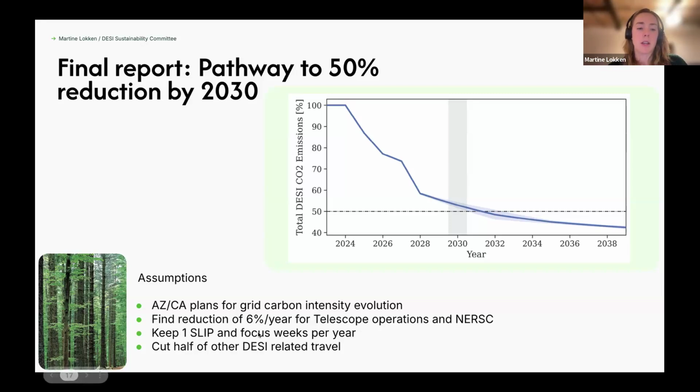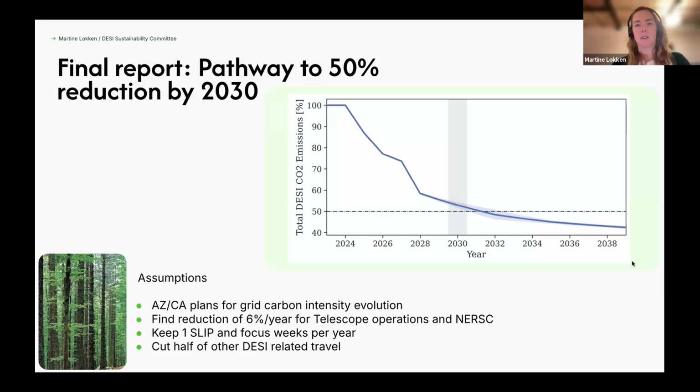We assumed with these that you'd keep one single location and then sometimes some mix of either hubs or focus weeks, or in the future you go to just these sprint remote focus weeks for the second meeting. Otherwise, you really can't get to those goals if you keep having multiple in-person meetings. And then we also assumed that that other half of DESI related travel, like the speakers and the observer travel, could be cut in half as well.